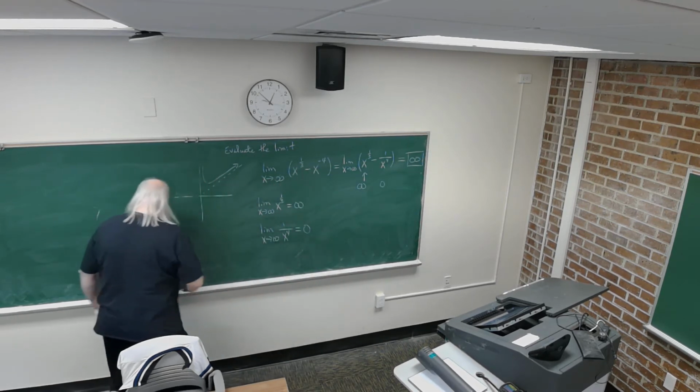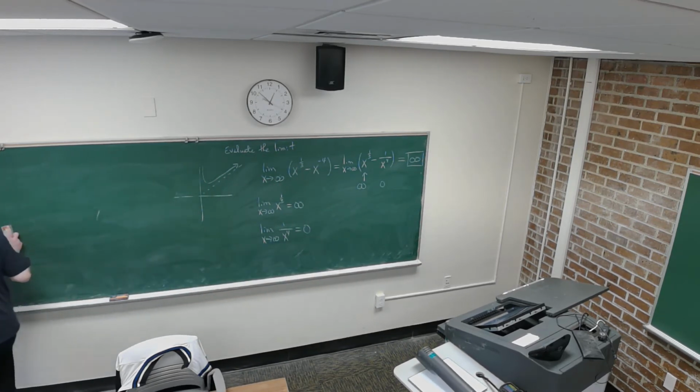Just to illustrate, we have a function f of x equals x to the 1/3 minus 1 over x to the 4th. f of 1 is equal to 0.